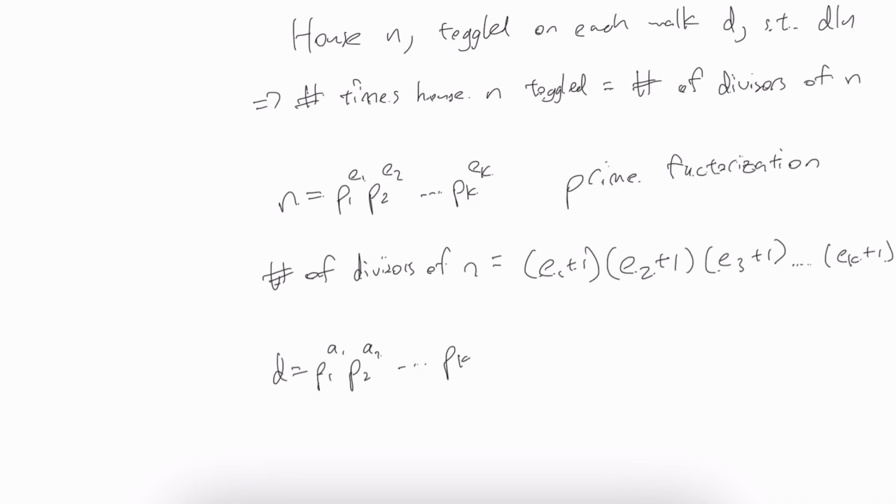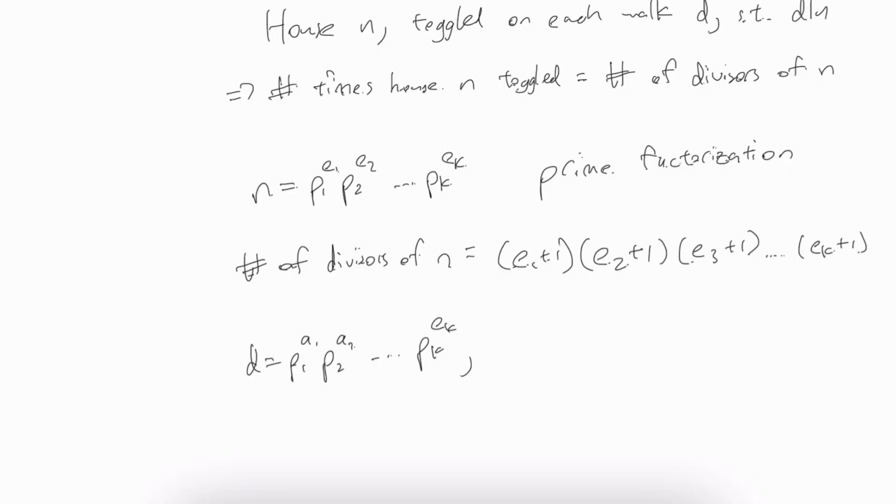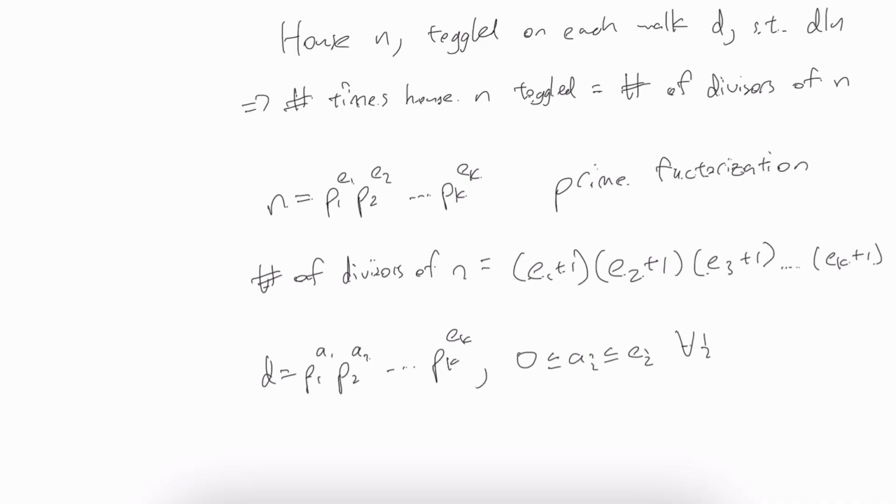where 0 is less than or equal to ai is less than or equal to ei for all i. So, for the first prime, a1 can take values from 0, 1, 2, all the way to e1. So there are e1 plus 1 choices for what a1 could be, and that's what we have here.